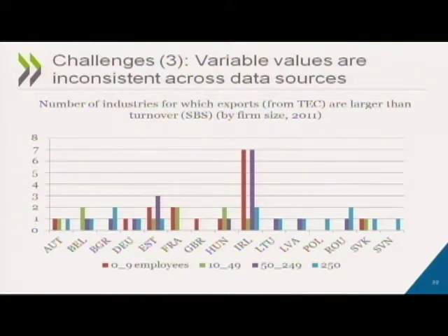This is two-digit ISIC, so we expect a total of around 60 to 70 industries to be available. But you see substantial numbers of industries, also when breaking down by firm size, showing problems in this area.